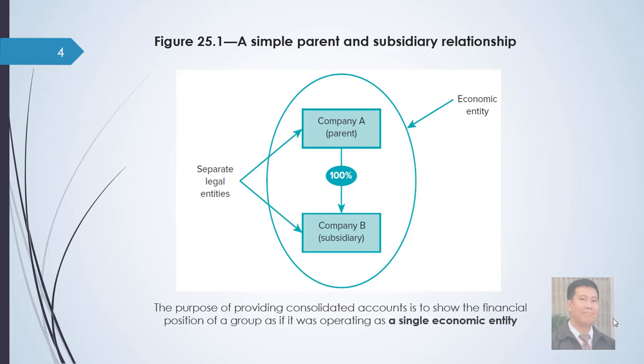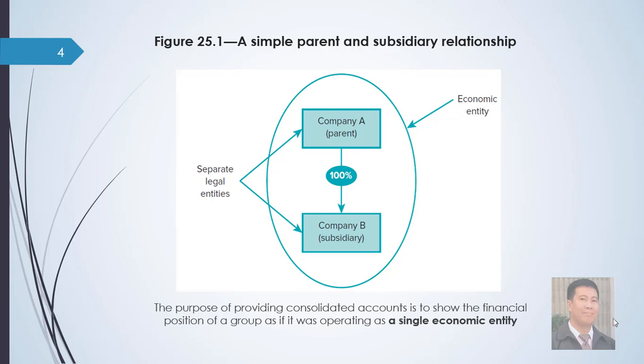This is the model to show how the economic entity works, and with this illustration you can see that there are two entities involved, company A, which is the parent, and company B, which is the subsidiary. These are two separate legal entities, but for consolidation purposes they will be seen as a single economic entity.